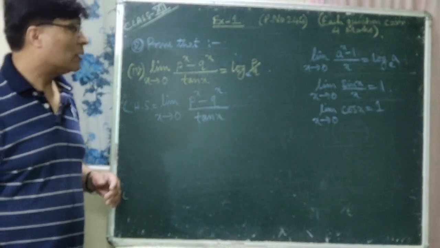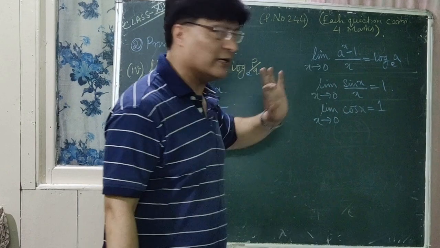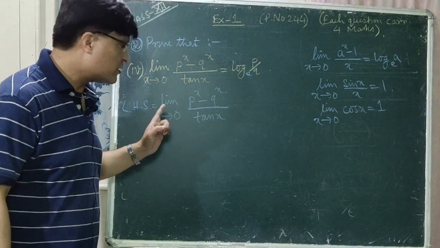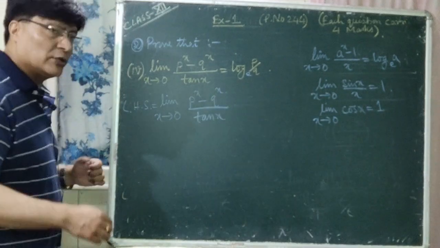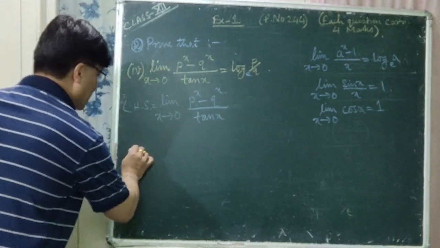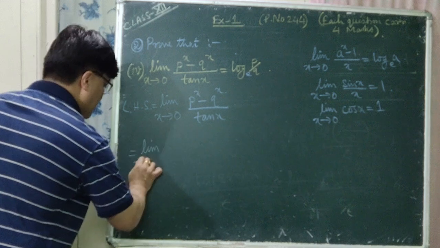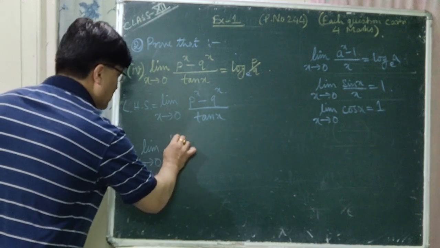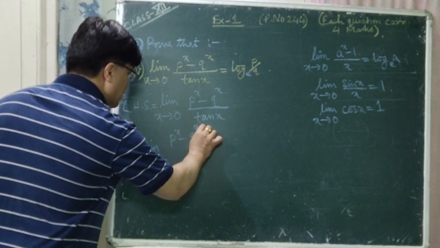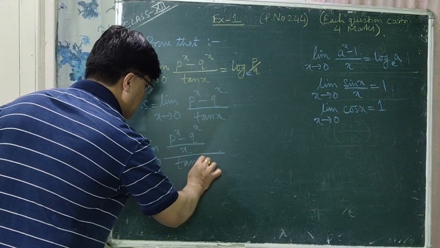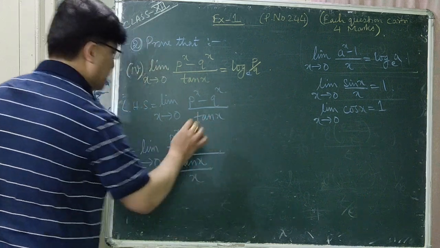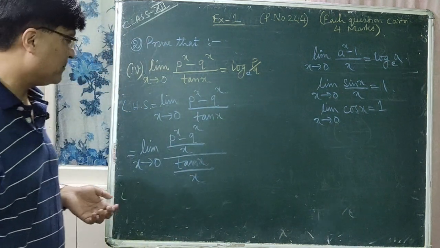First of all, you should have x here, so you have to divide both the numerator and the denominator by x. So it is equal to limit x tends to 0, p to the power x minus q to the power x divided by x, whole divided by tan x upon x.